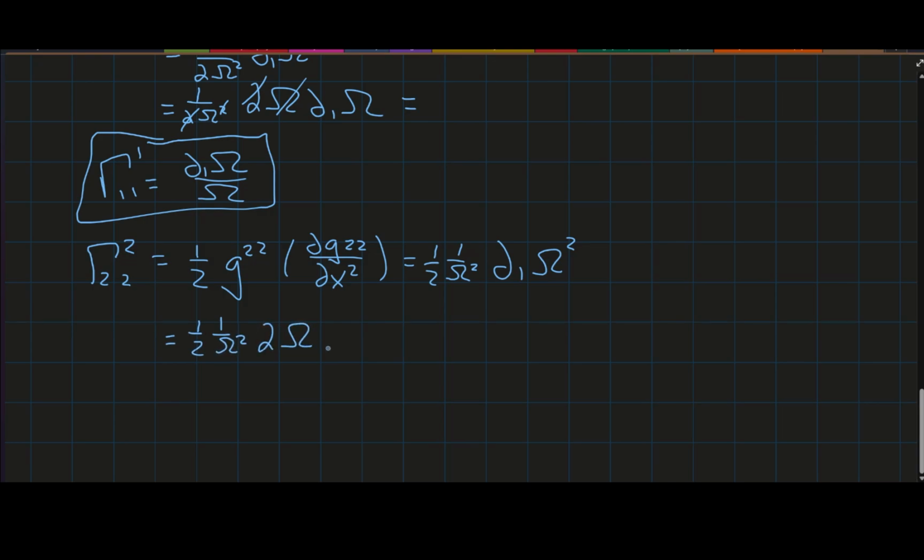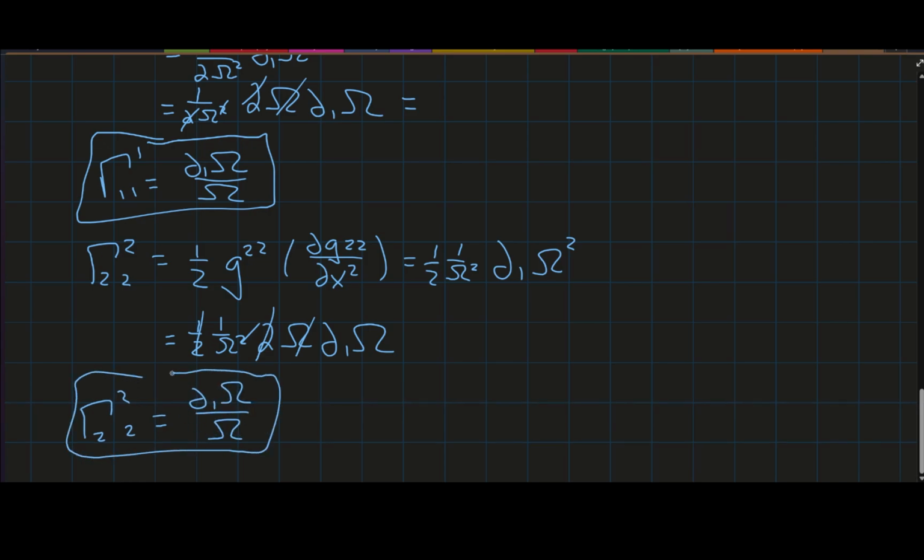The chain rule gives us a 2 omega d1 omega. 2's cancel, omega cancels with that square, and we find that 2, 2, 2 is d1 omega over omega. I made a mistake here. That shouldn't be d1, it should be d2, for obvious reasons.